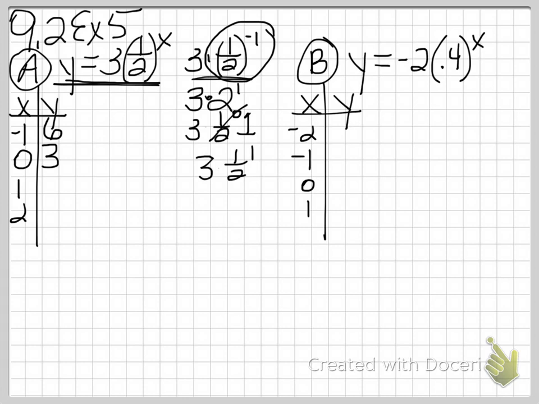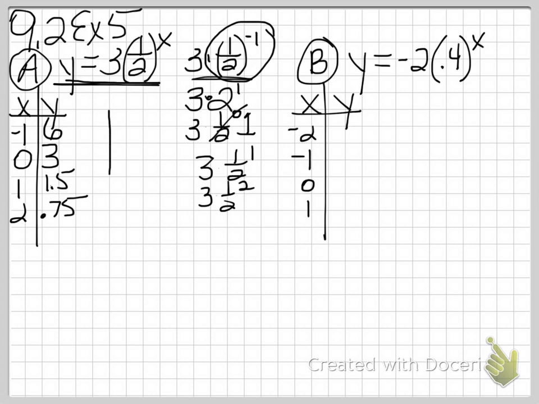Half of 3 is 1.5. And then 3 times 1/2 raised to the 2. So 1/2 raised to the 2 is 1/4, and 1/4 of 3 is 0.75 or 3/4. Okay, so that's what you're going to end up graphing.